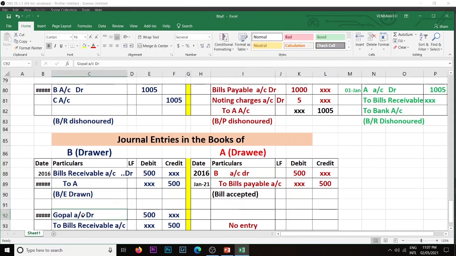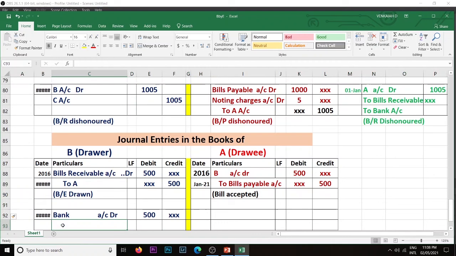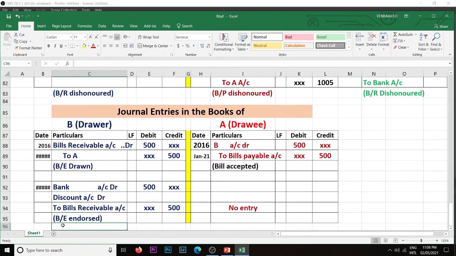And the next one is it is discounted with the bank. That's why bank account debit, discount account debit, to bills receivable account, bill discounted by B. Okay, so we'll calculate the discount amount.